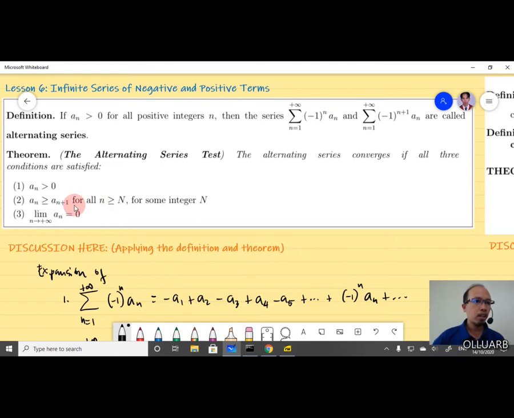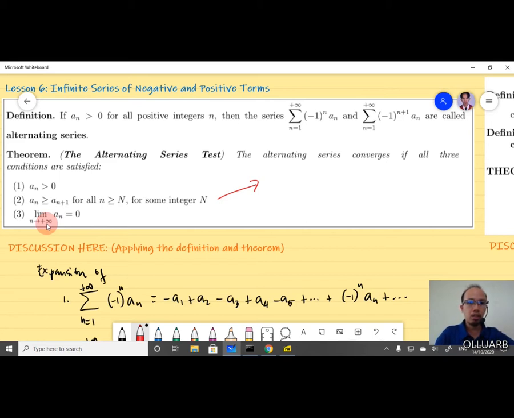Conditions number 1 and number 3 are understandable, but the second condition says that it is a decreasing sequence. There are many ways to show that the given series or function is decreasing.